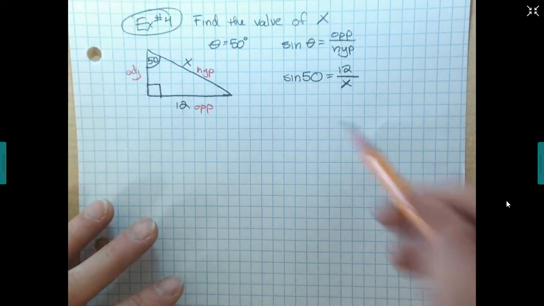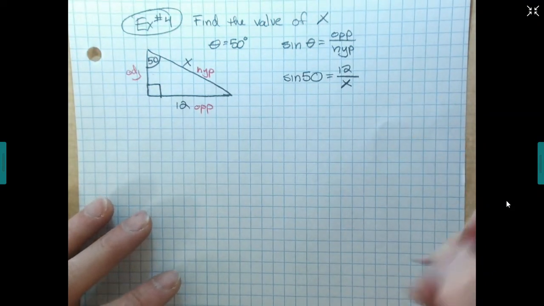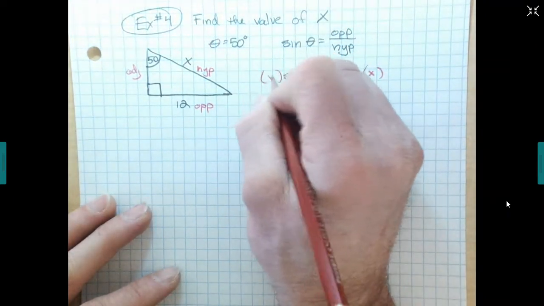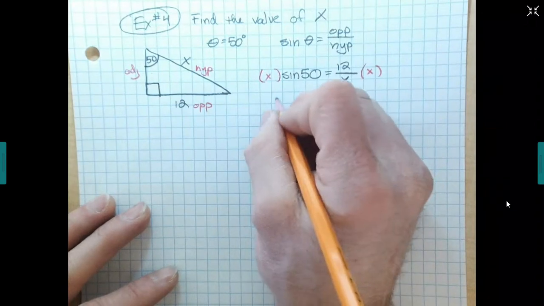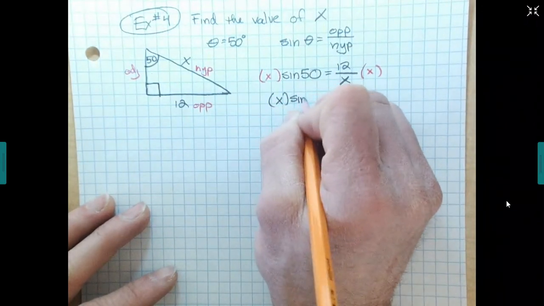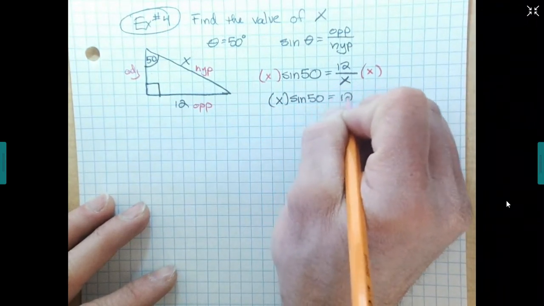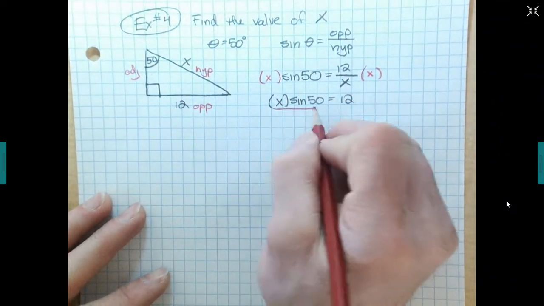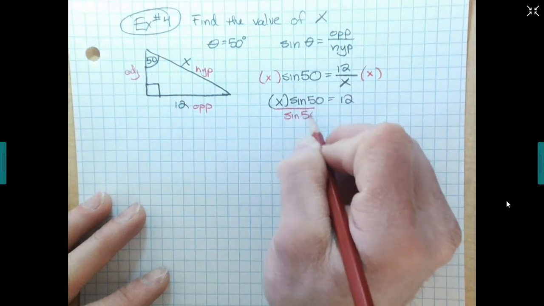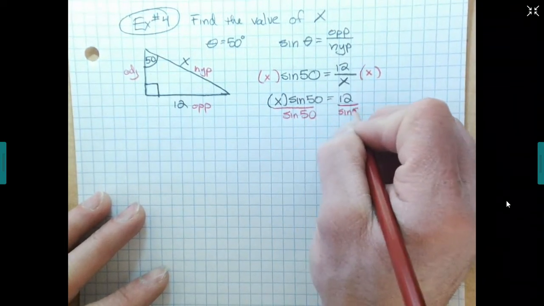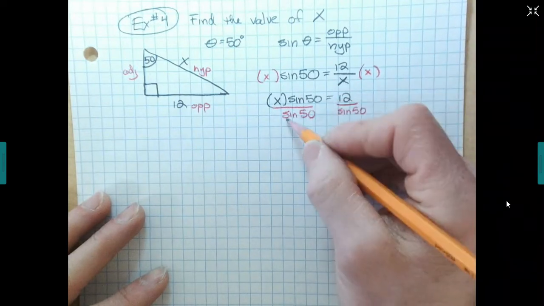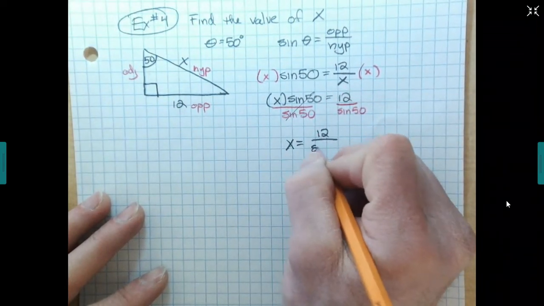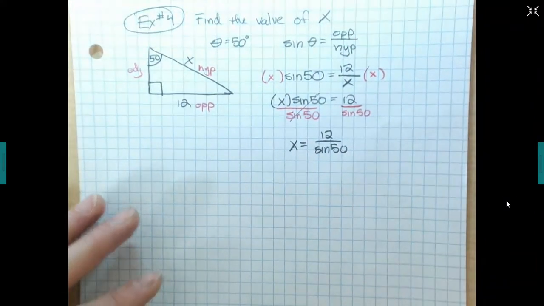Now, how do we get x by itself here? What you're going to do is multiply both sides by x. So now I have x times sine of 50 equals 12. But we just moved the x. What we have to do now is divide by sine of 50. So that cancels out, and you have x equals 12 divided by sine of 50.